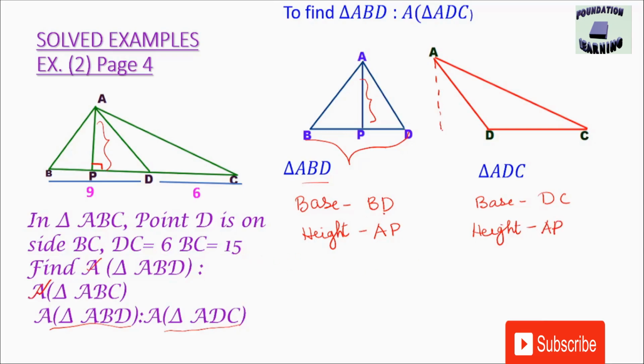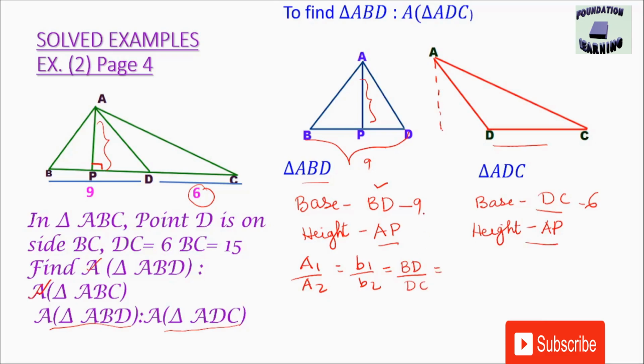Okay, now what are the measurements? What is the measurement of BD? We have found that it is 9. So BD is 9. DC is 6, it's given in the question. And since the heights are the same, we will use the formula A1 upon A2 is equal to B1 upon B2. B1 is the base of the first triangle, which is BD, upon the base of the second triangle, which is DC.